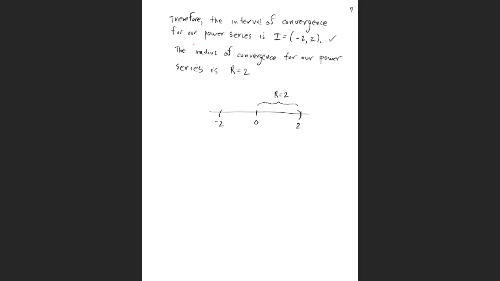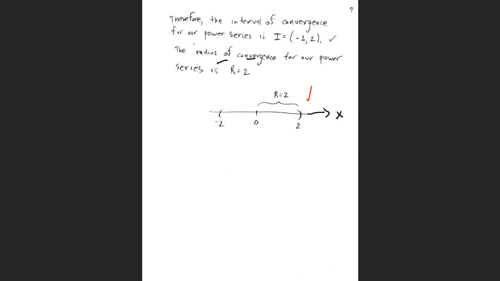And I drew a picture below of an open interval from -2 to 2. I guess technically I should put x here, the x-axis. And the radius of convergence is just half the length of your interval.